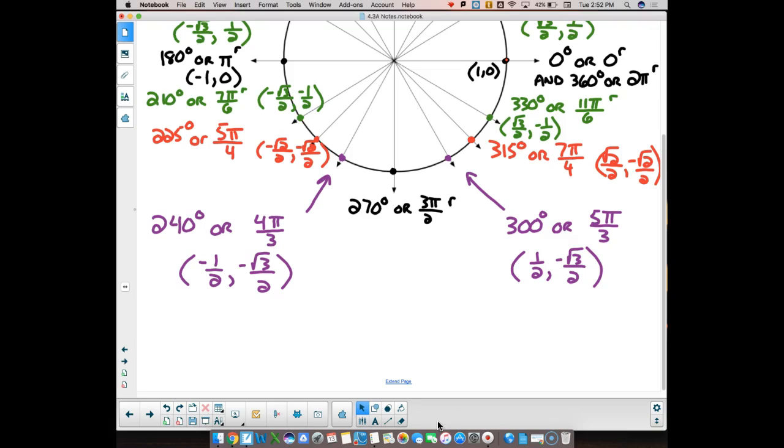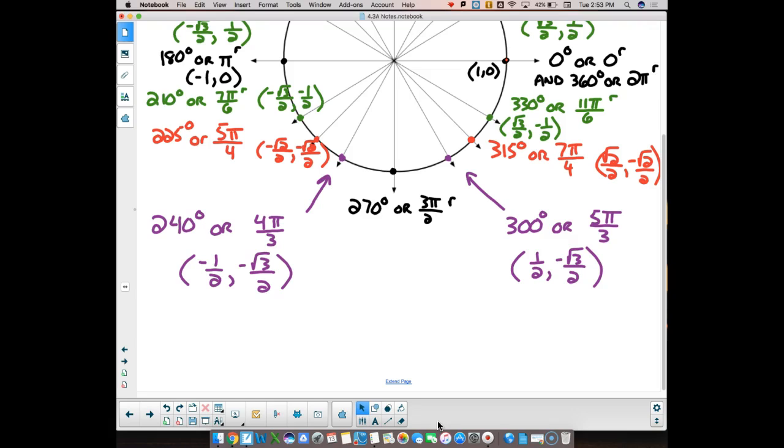It is not a do the math quiz. 10 minutes tops. Is it some of it? Yes. But you have to have everything. You have to have degree, radian, and coordinates. Will the lines be in there? No, it'll be on there for you. You'll just have to fill the stuff in.